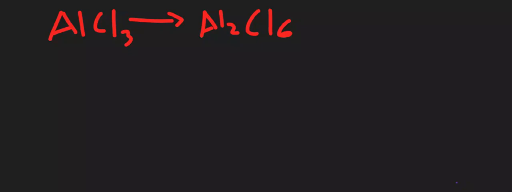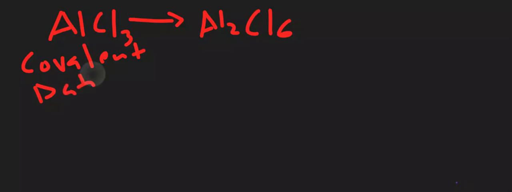Other than the ionic bond, because aluminium is a metal and chlorine is a nonmetal, it will have 2 types of bonds. Number 1, a covalent bond, and number 2, a dative bond.